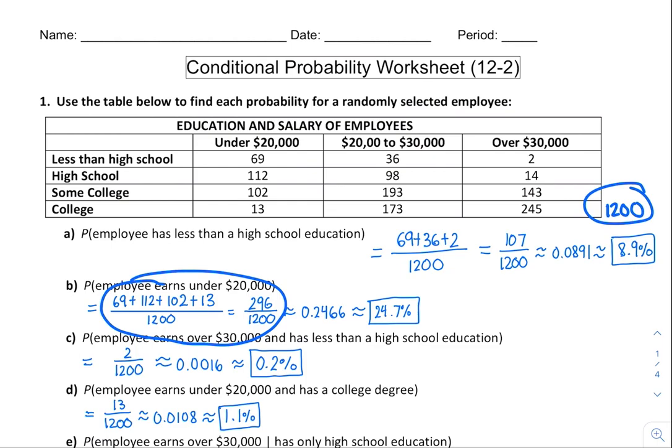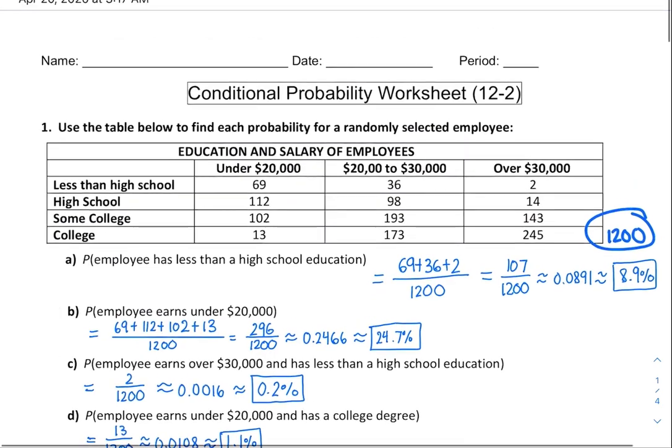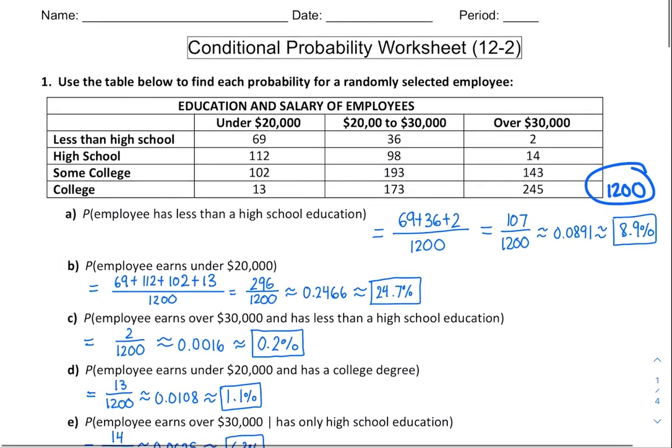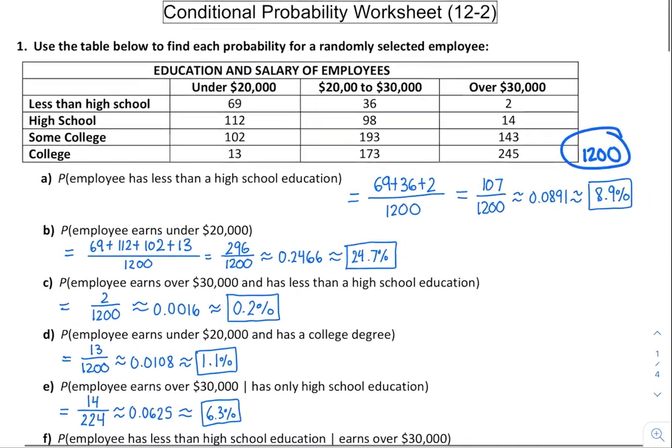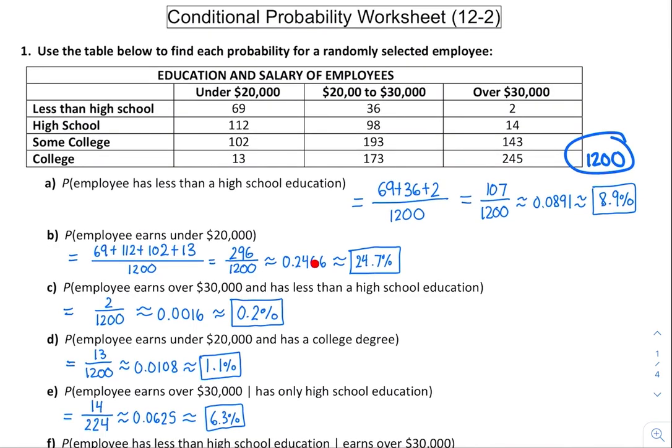If you put that in your calculator, it's 0.2466. You just make this into a percentage by rounding it to 2 decimal places, so it'd be 24.66. Round that to the nearest tenth, so that means it's going to be 24.7%.